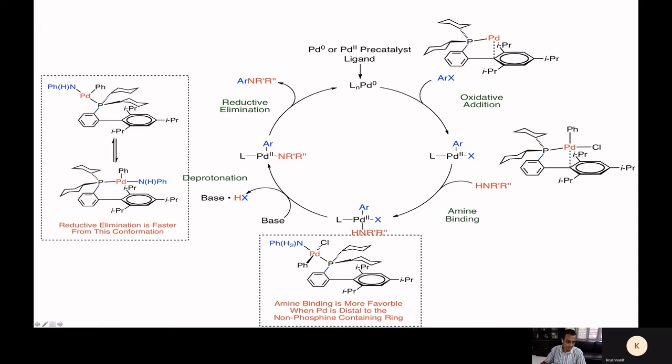So palladium was previously, before reductive elimination, like this outside. Now it swings back in, and you see the same thing which was outside comes back inside. This orientation gives you very quick reductive elimination. Okay, this gives you very quick reductive elimination.